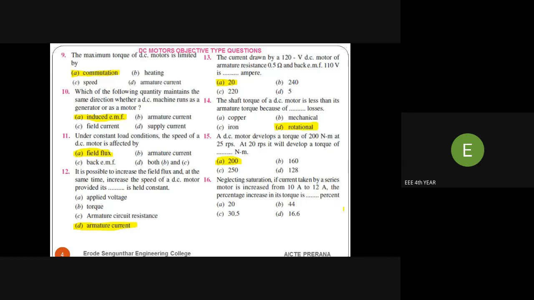The correct answer is B, 44%. We can increase the 10 ampere to 12 ampere means the torque developed in the DC series motor is increased by 44%.